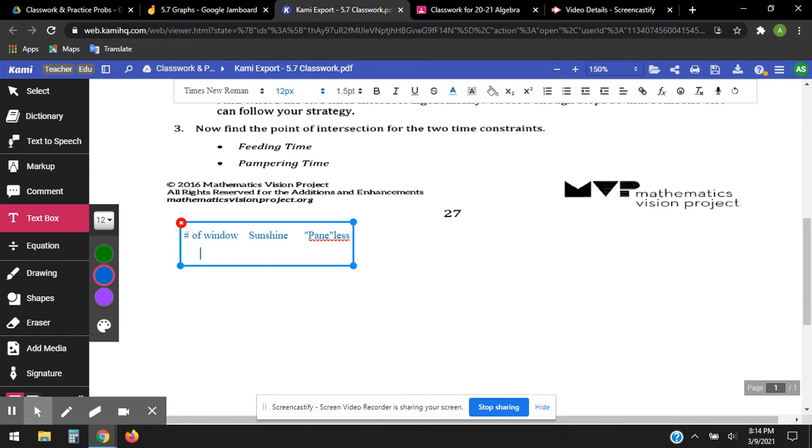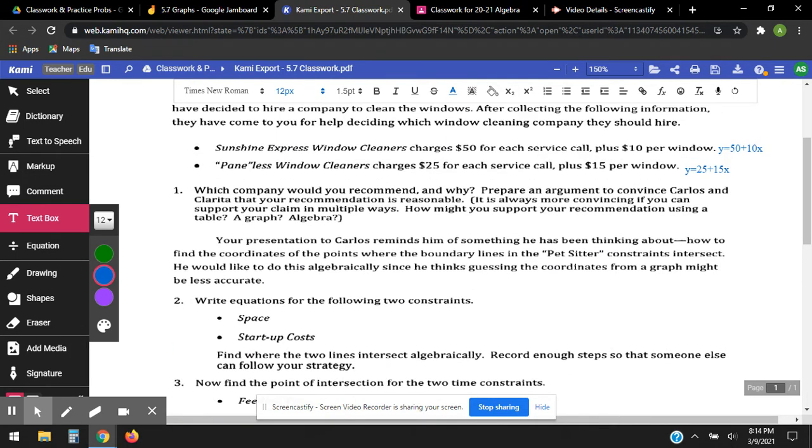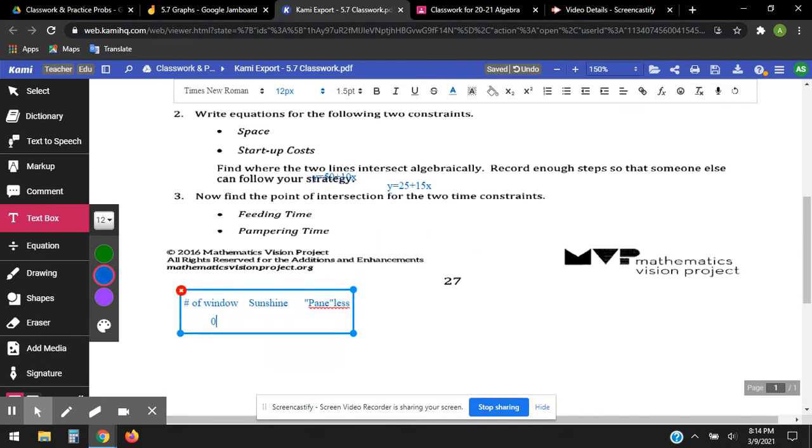If I have 0 windows, I'm going to go back up here and grab my equations and bring them down here. So this was Sunshine, and this was Painless.